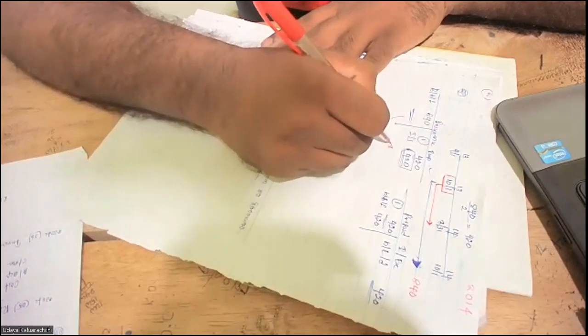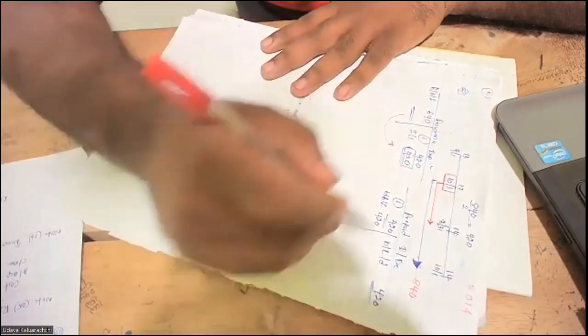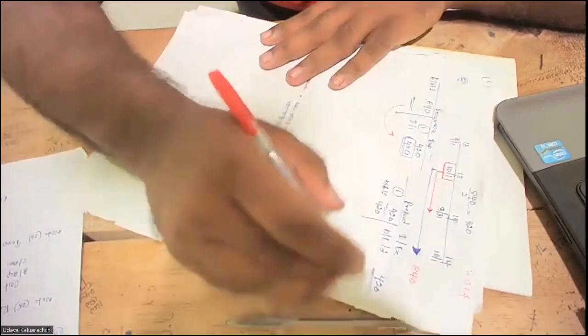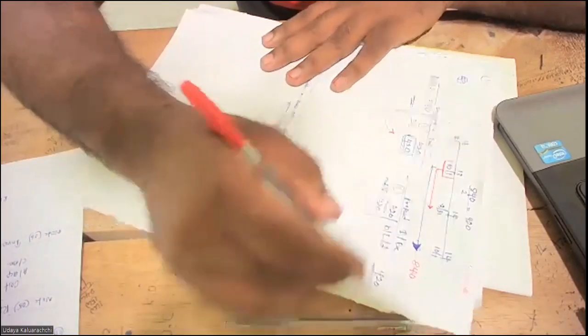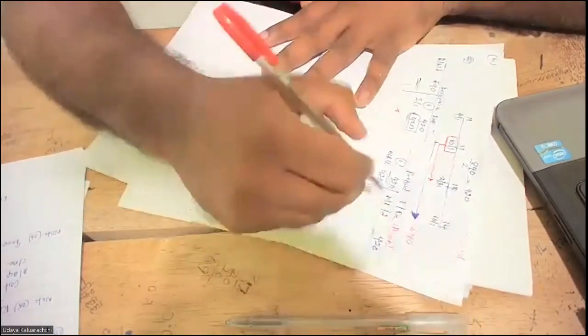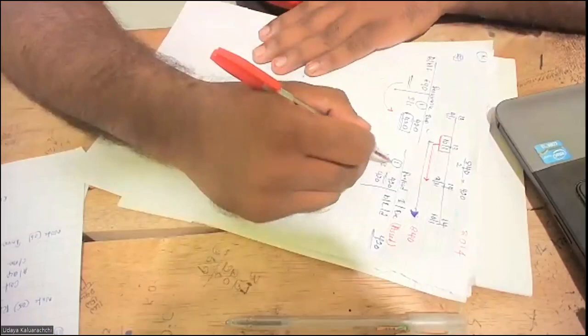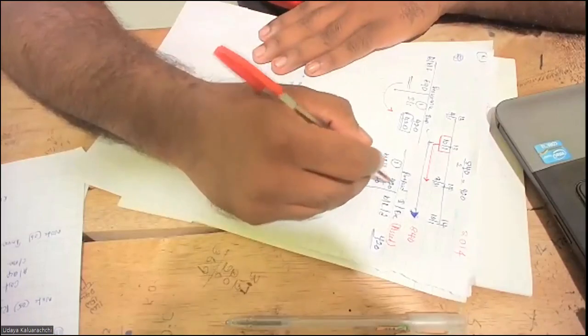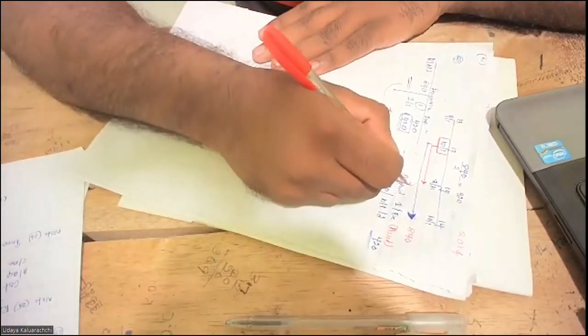Prepaid expenditure, it is an asset. Prepaid expenses debit 420. We debited this account from here.